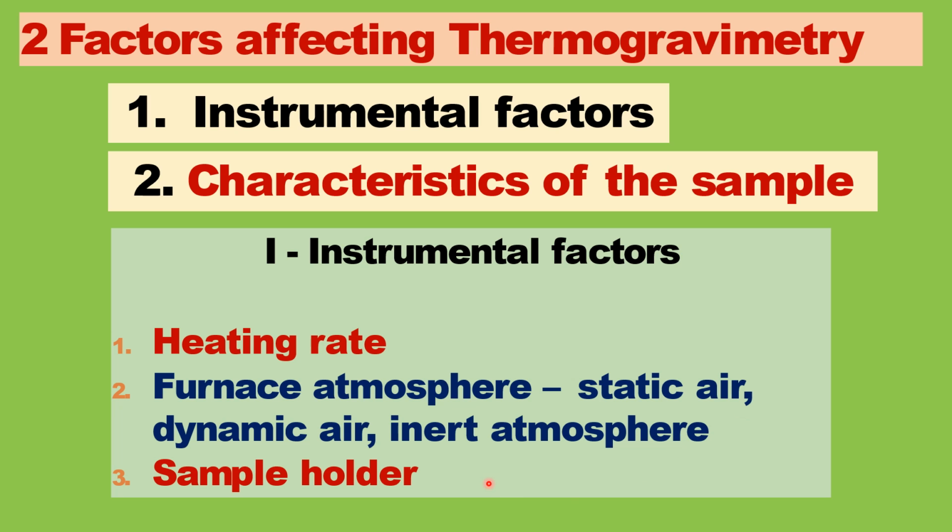In some cases oxygen will react with the sample. In such a case, an inert atmosphere is used. Then the sample holder. Depending upon the sample holder, the thermogram will vary. It will affect our thermogram.